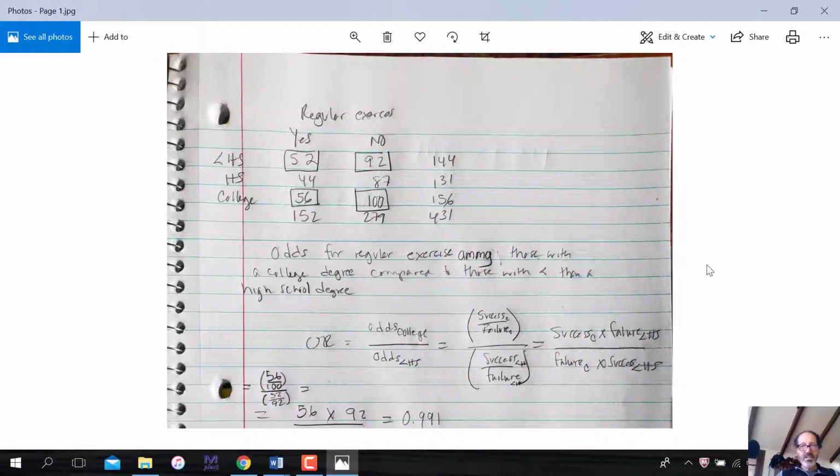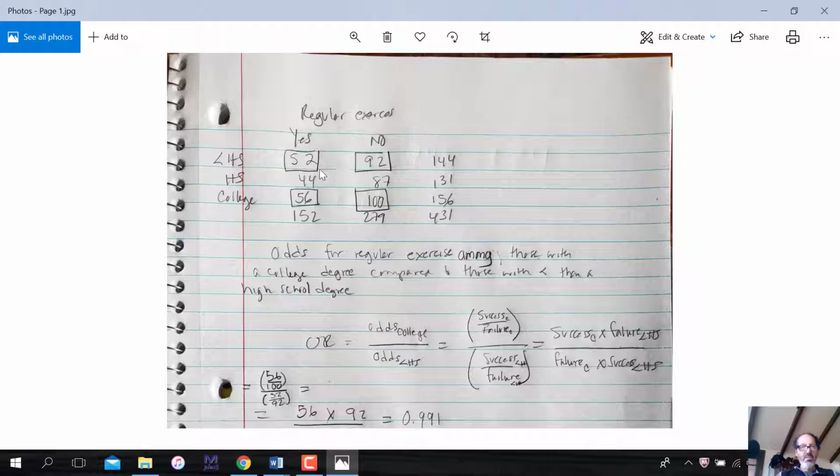So here's our table redone, handwritten with my poor handwriting. So I'm only interested in these 4 cells. That's why I put them in little boxes, right? There's 52. So if you recall, an odds ratio is a ratio of odds. So that's number 1. And the odds are the probability of success divided by the probability of failure.